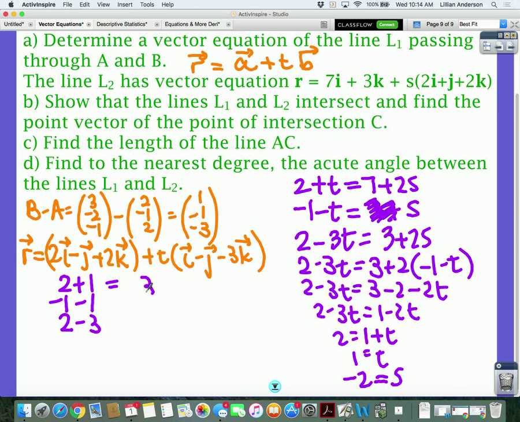So my intersection point is going to be 3, negative 2, and negative 1. That is my point of intersection. This is C. Questions?